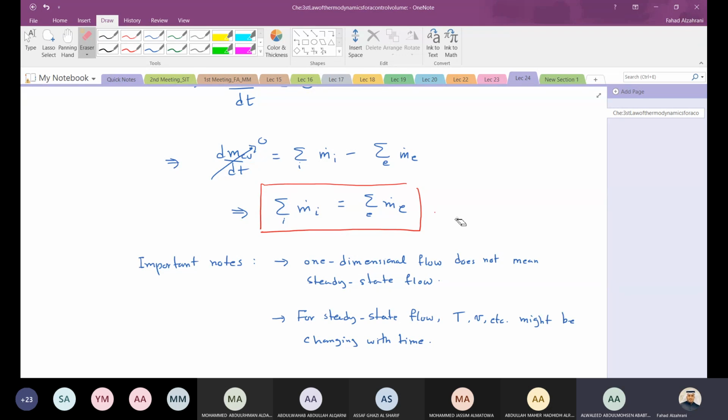All intensive properties, all of them, all intensive properties are uniform with position in this cross section area.